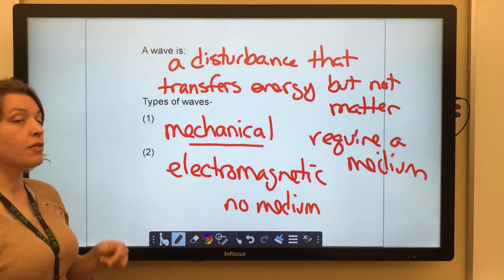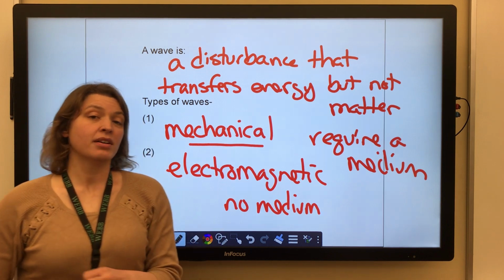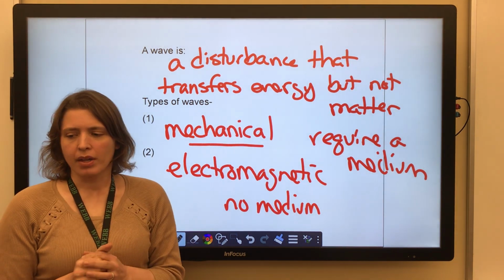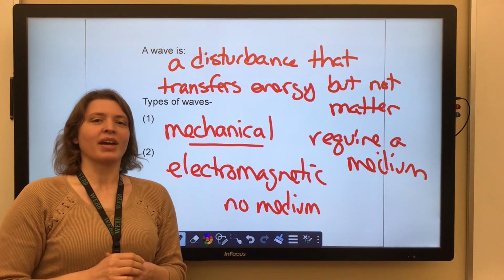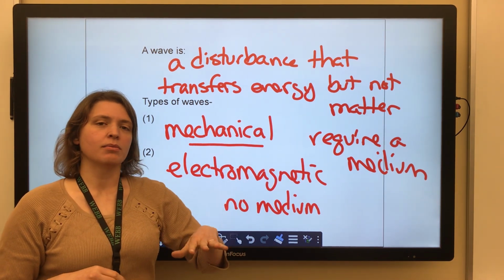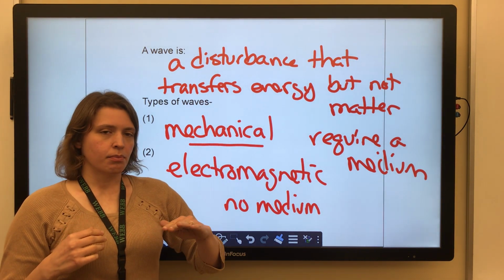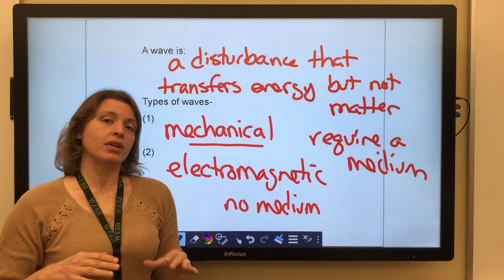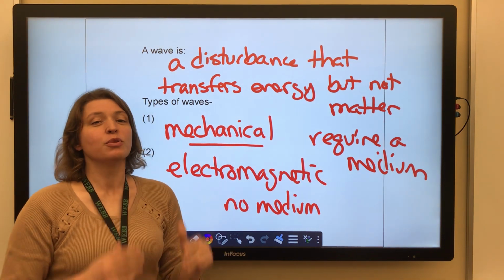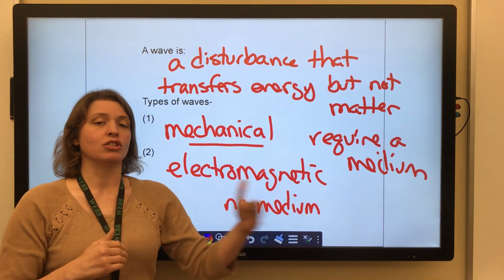We're going to focus first on mechanical waves, waves that require a medium to travel through. So water waves, for example, when you have a wave on the ocean, energy is moving from one place to another, but there's not an overall large movement of particles from one position to another.